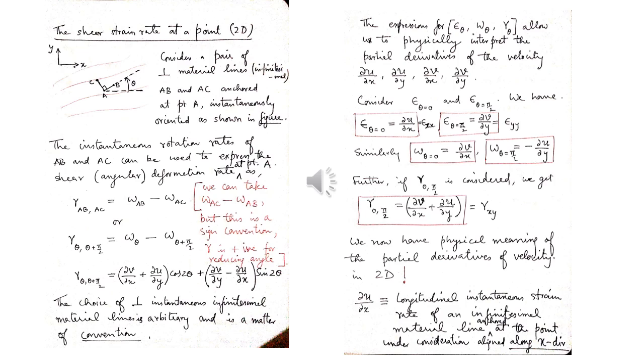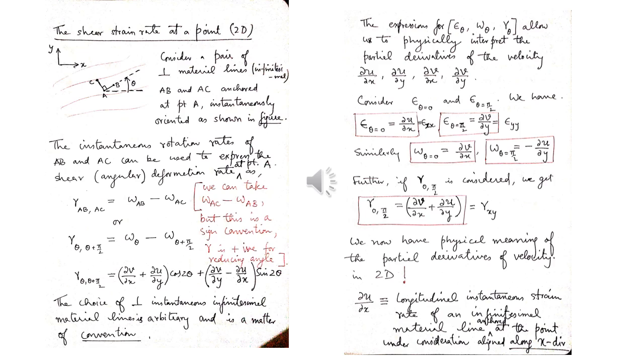Now let us see what we can do with the shear strain rate. Here also, if we choose an instantaneous pair of mutually perpendicular infinitesimal material lines, one along the x direction and one along y, we will call the shear strain rate associated with them gamma 0 comma pi by 2. If we put theta 0 in the shear expression that is on my left, it simply gives gamma 0 pi by 2 as del v del x plus del u del y.